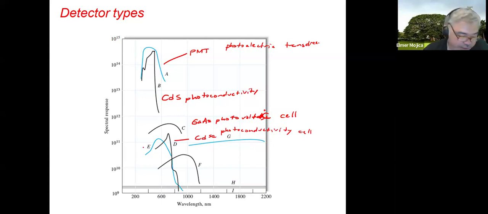Now, E here would be your selenium oxide photovoltaic cell. Okay, F here is your silicon photodiode.